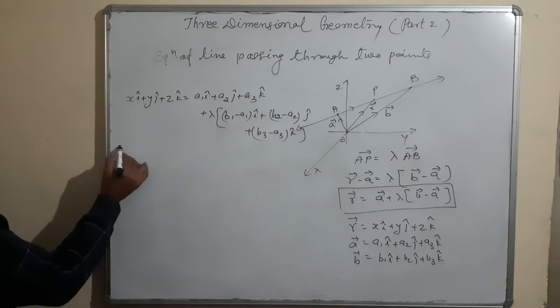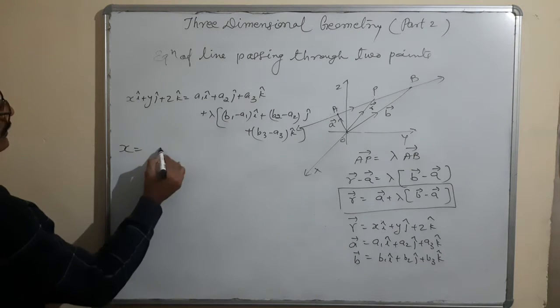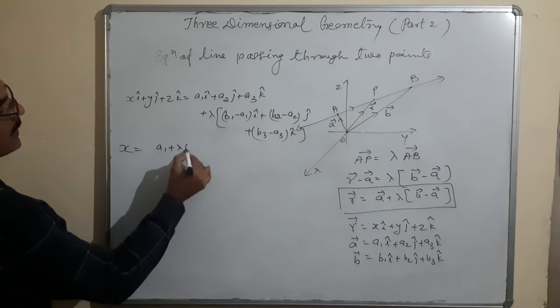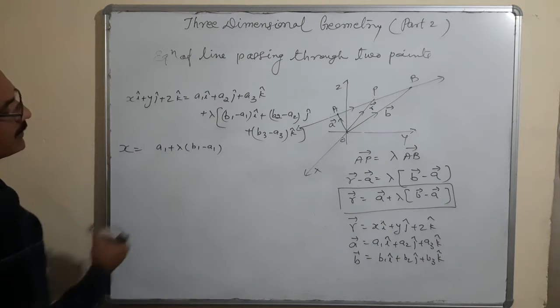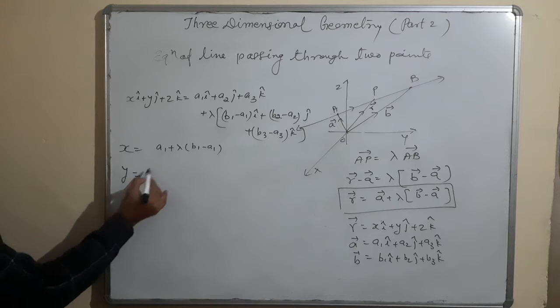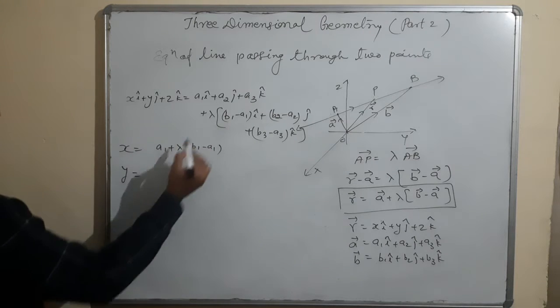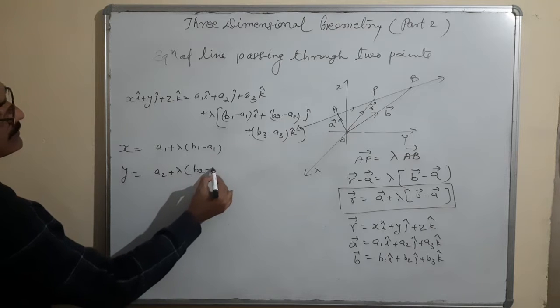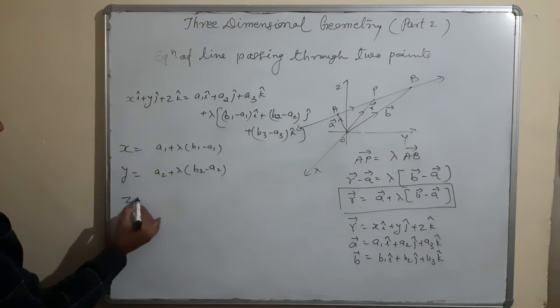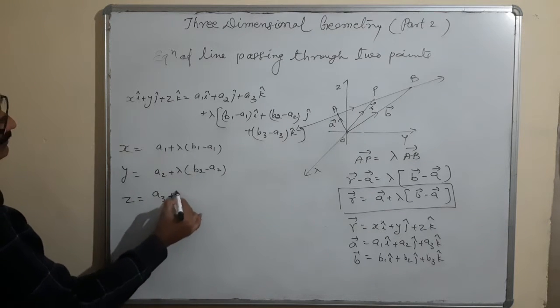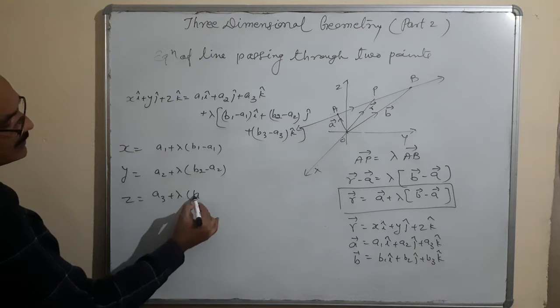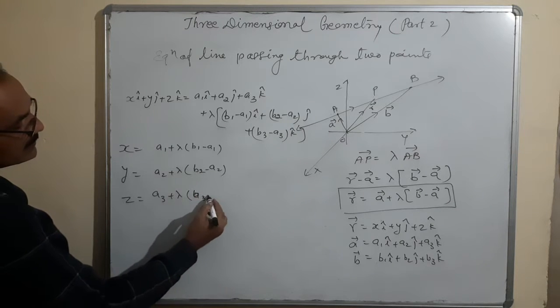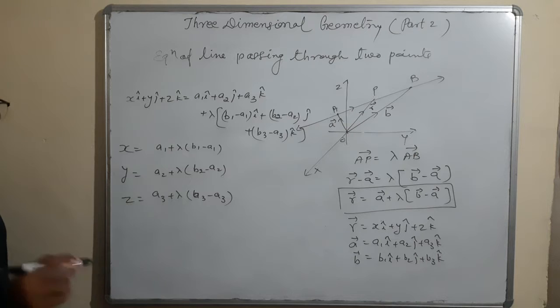So x is equal to a1 plus lambda (b1 minus a1). Is it okay? y is equal to a2 plus lambda (b2 minus a2). And z is equal to a3 plus lambda (b3 minus a3). Have you understood it?